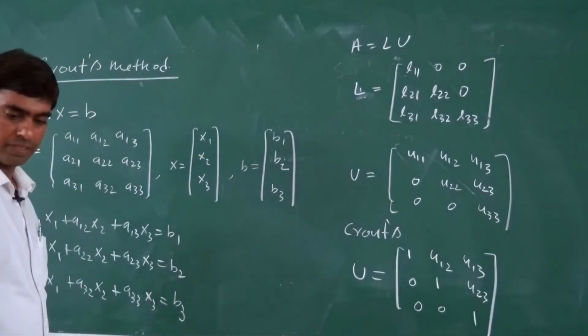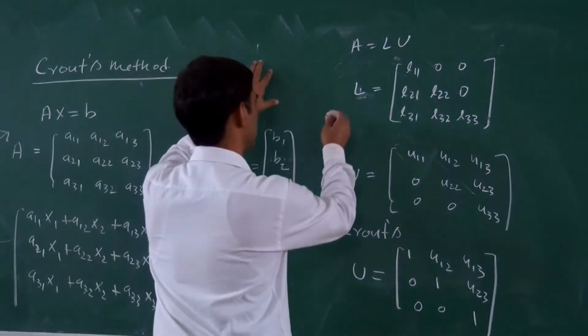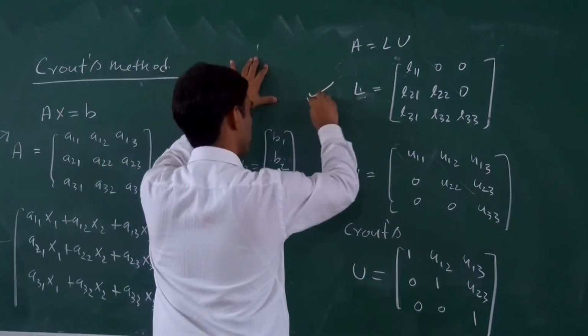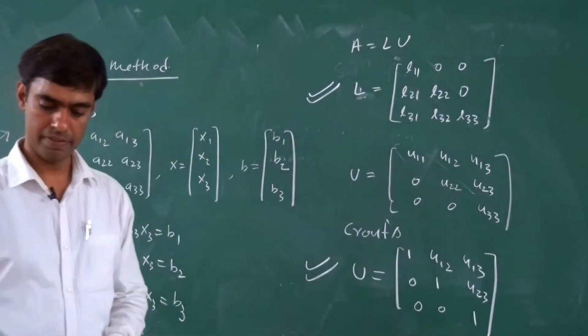So this is a lower triangular matrix, and this is an upper triangular matrix.